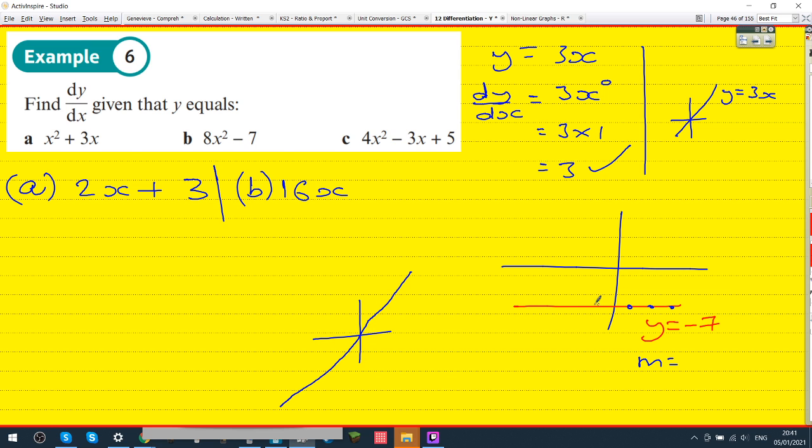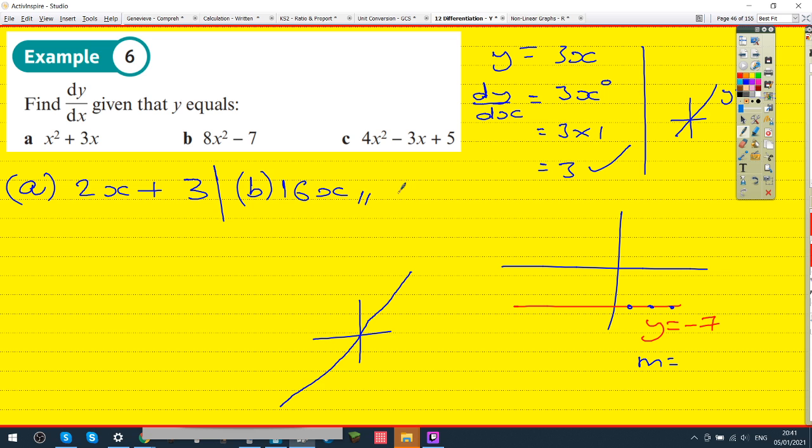This one, how many up or down does it go for every change in x? One to the right, how many up or down did it go? 0. Yes, its gradient is 0. And so the derivative of any number is 0.